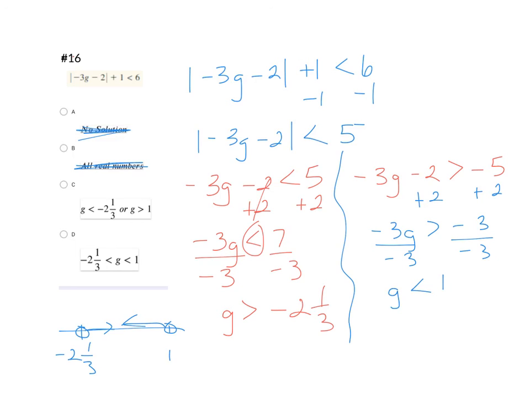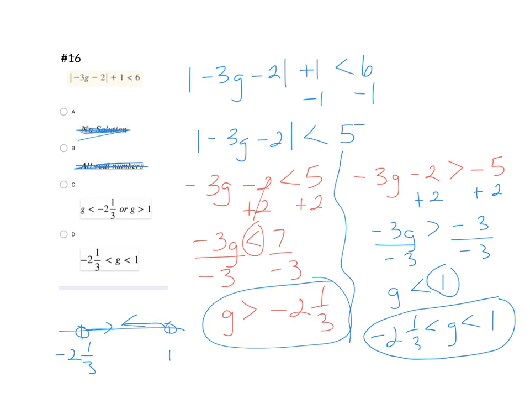What we're going to do is compound the inequalities. We're going to put them back together. And so we're going to take the smallest one, which is this one, and we're going to flip it. That's going to give me negative 2 1/3 is less than g, which is less than 1. Here is the answer we're looking for. Looks like it is D.